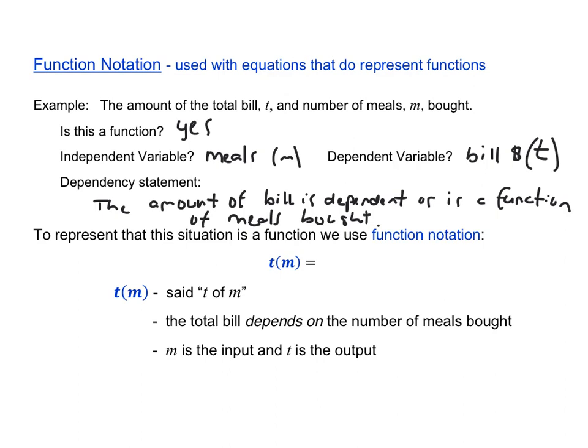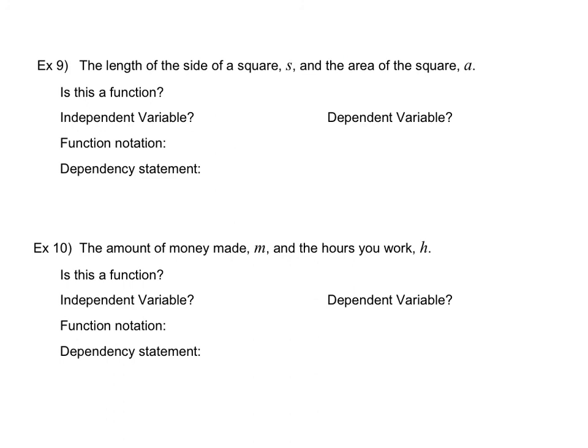Alright, let's move on. Okay, these are the last two examples in the notes today. Example 9: the length of the side of a square S and the area of the square A. So is the length of the side of the square and the area, are they a function of each other? I would say yes.